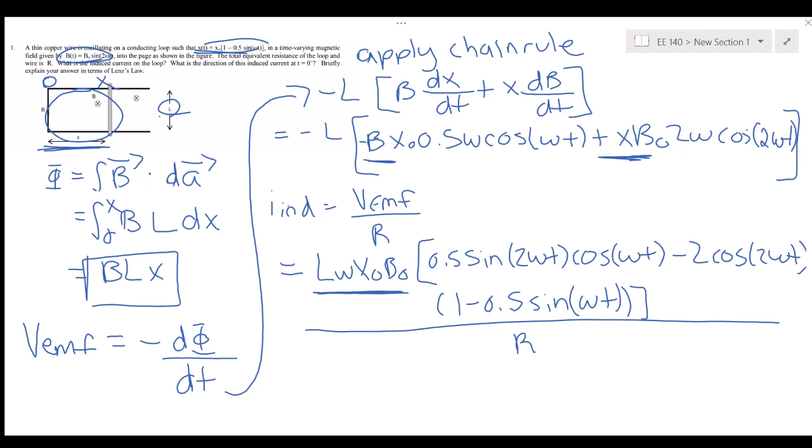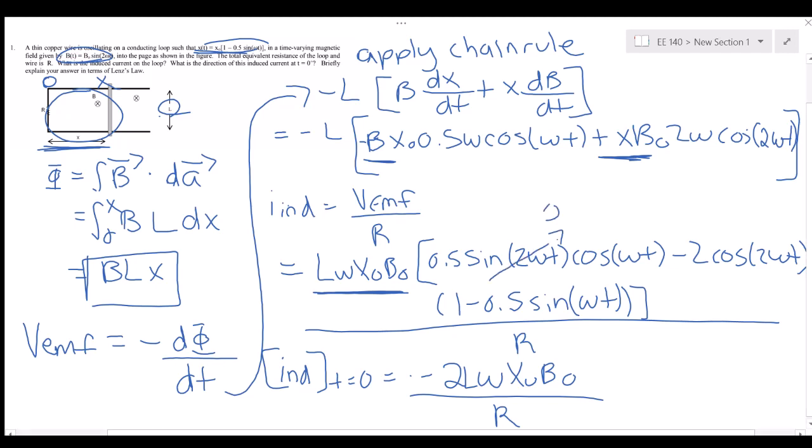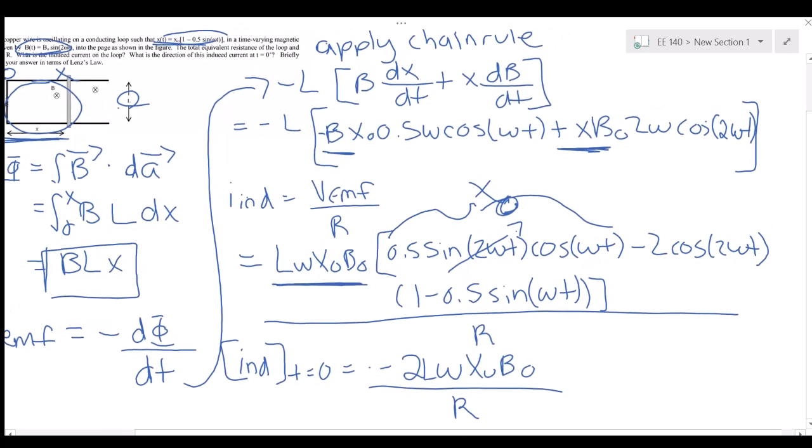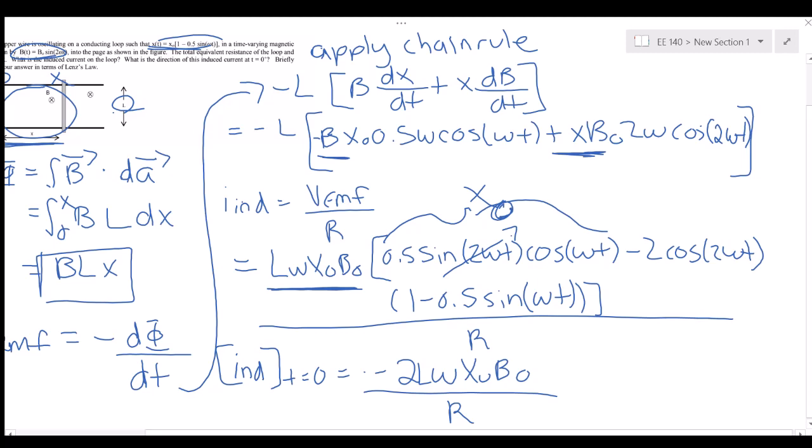The induced current at t equals 0 is equal to negative 2 L omega x naught B naught over R. We get this because when we replace t with 0, this term becomes 0, so it's basically canceled out, and this sine over here also becomes 0.